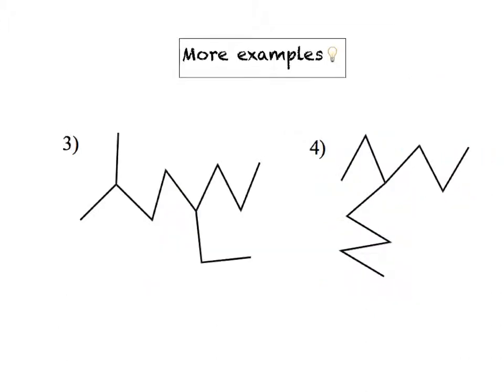In the third example, as you can see, it's an octane because there are 8 carbons in the straight chain alkane. Next, we're going to look at the substituent groups. This is a methyl because there's only 1 carbon, and this is an ethyl group because there are 2 carbons. So now when we go to naming, these two substituent groups are going to be arranged alphabetically.